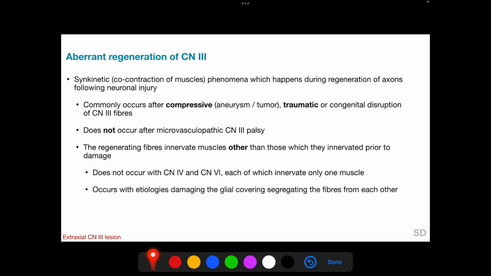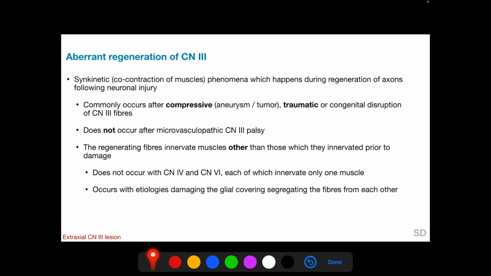Another important entity to discuss in cranial nerve 3 palsy is aberrant regeneration of the third cranial nerve, and this happens during regeneration of axons following a neuronal injury, resulting in a synkinetic phenomenon in which there is a co-contraction of muscles which are innervated by the third cranial nerve.